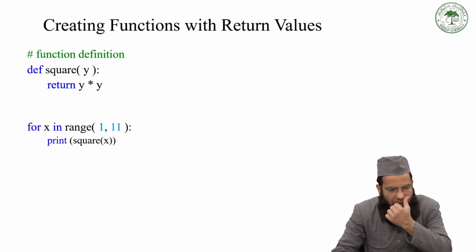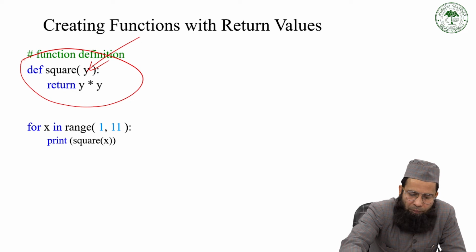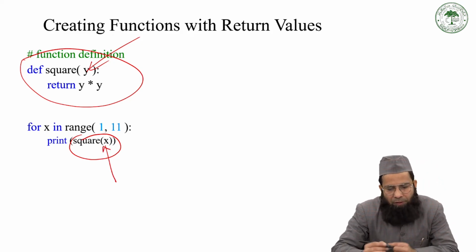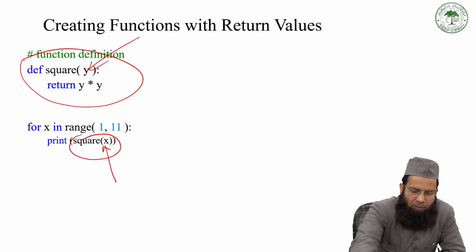Like in this case, this is the function definition, this is the function parameter, and here you are calling the function. This is the function call, right? And this is the argument. So in this case it is calling the function again depending on the value of x, right?